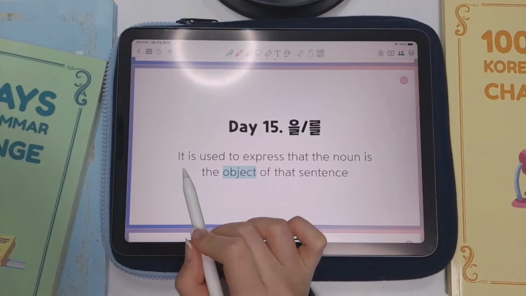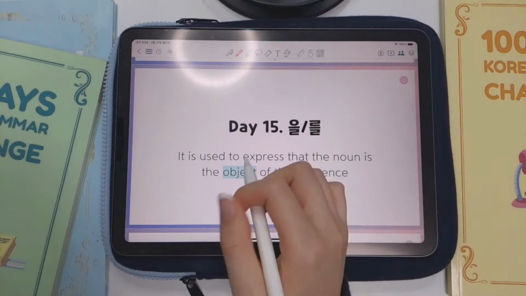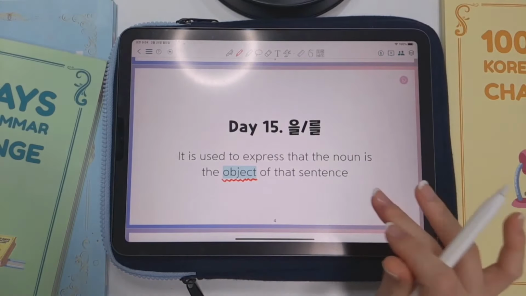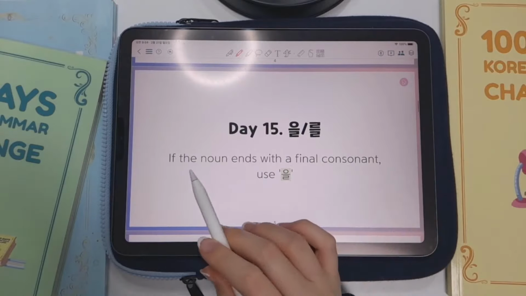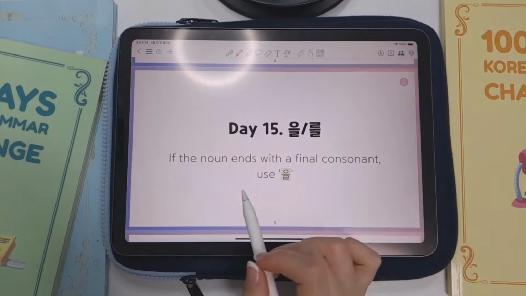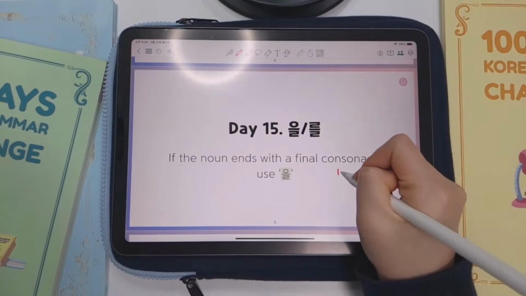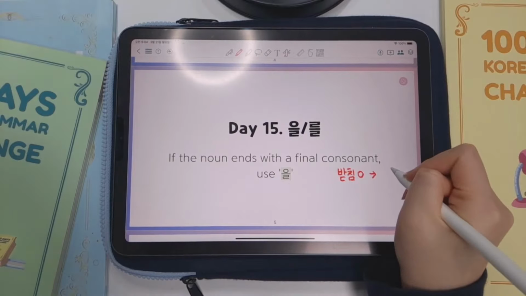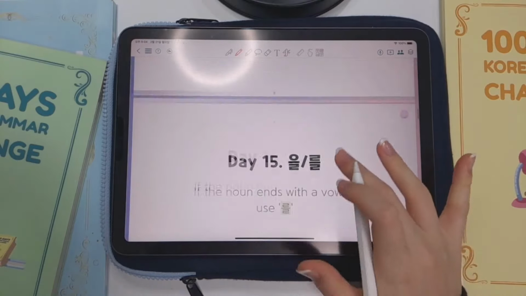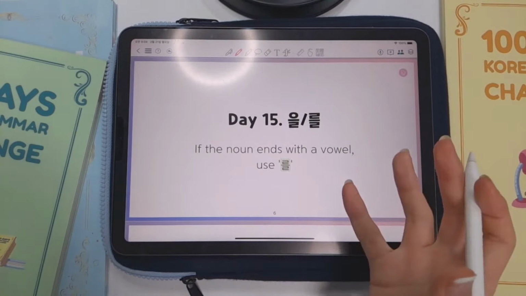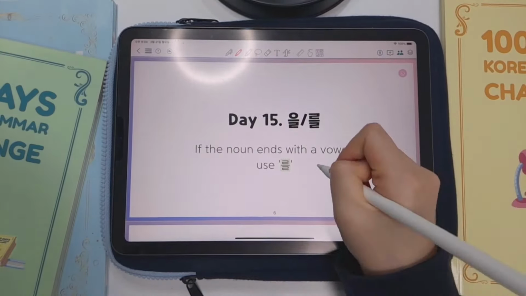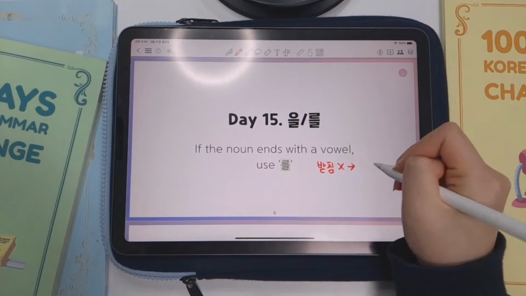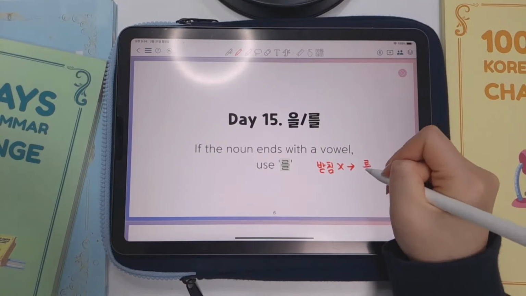Okay. So it is used to express that the noun is the object of that sentence because it's an object particle, right? Okay, so if the noun ends with a final consonant, we use 을. 받침이 있어요, 그러면 을을 써요. And if the noun ends with a vowel, then we use 를. 받침이 없어요, 그러면 를 써요.